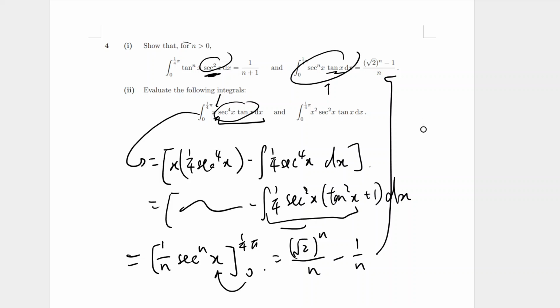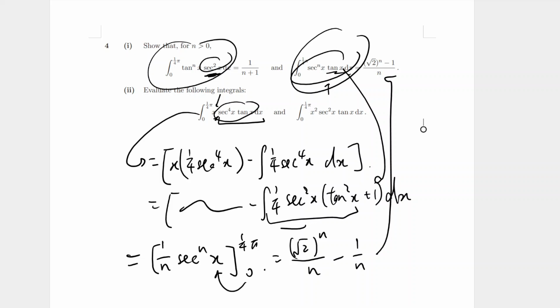You have this, and you have that. Both of them use the first result, because you put in n equals 2 and n equals 0, and you could evaluate the last bit here. Not the hardest, I suppose.